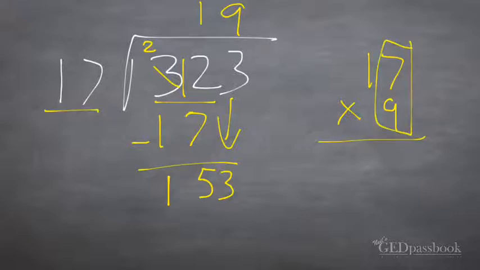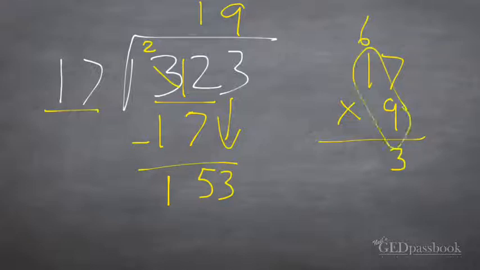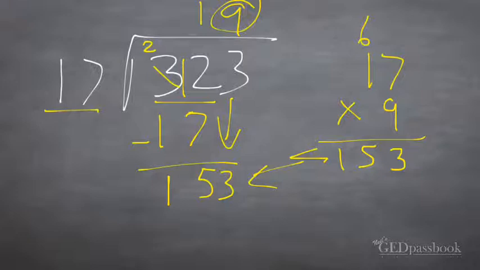Well, ask yourself, what's 7 times 9? 63. What's 9 times 1, plus 6? 15. And look at a direct match. That's how I know the 9. It's 9.